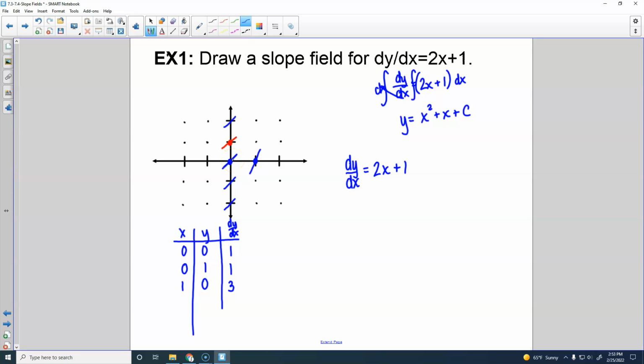The same thing's going to happen here for this problem. All of those points in that vertical line are going to have the same steepness. We're just doing little tiny pieces. These are little tiny tangent lines, possible tangent lines, is what we're drawing.